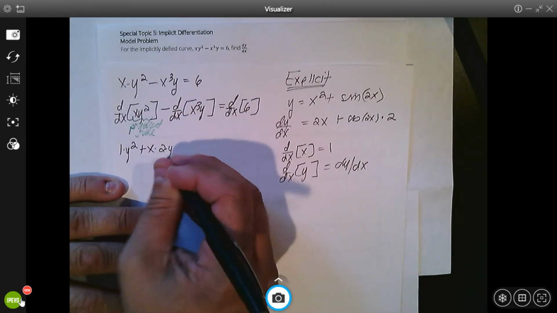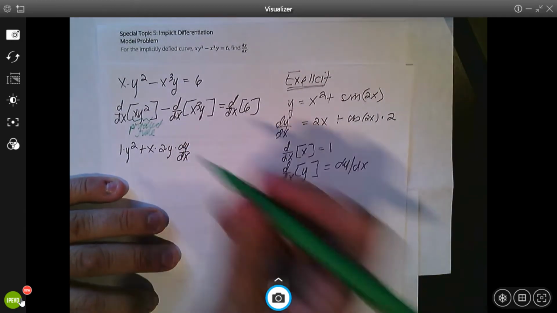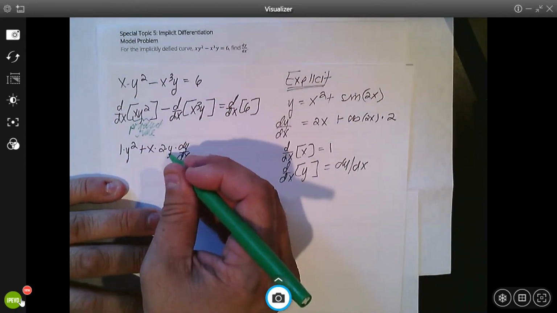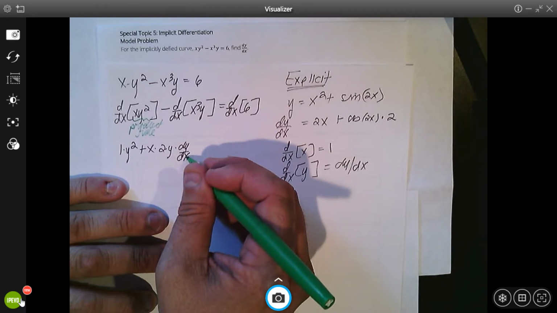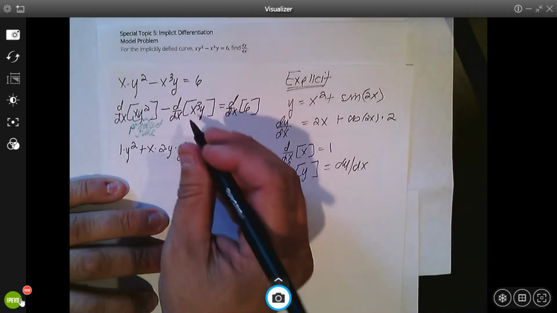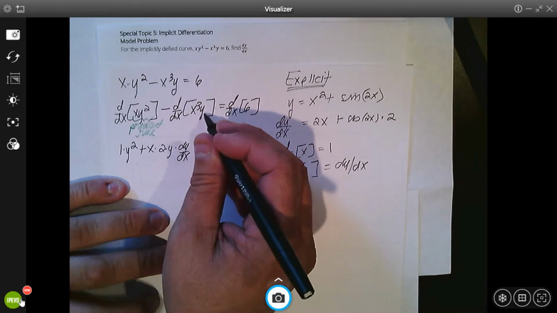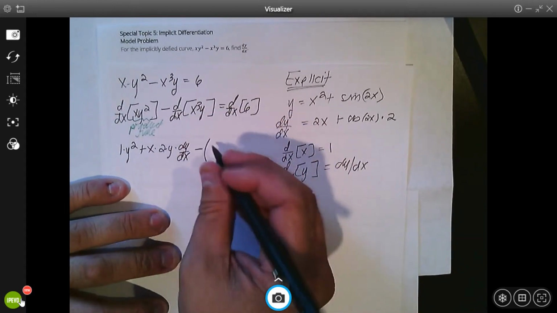This will be 2y dy dx. The derivative of y squared is 2y, but I'm taking the derivative of y with respect to x. Hence, I have the dy dx. This comes from the chain rule. Minus, I need the derivative of x cubed times y. Well, x cubed times y is another product rule.